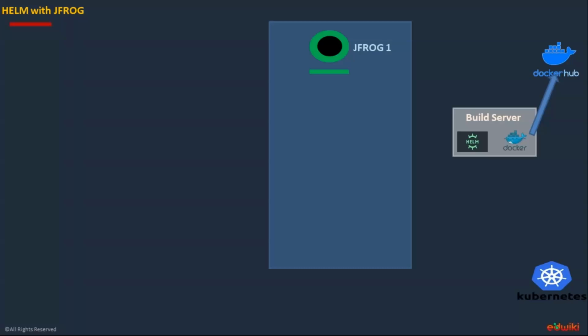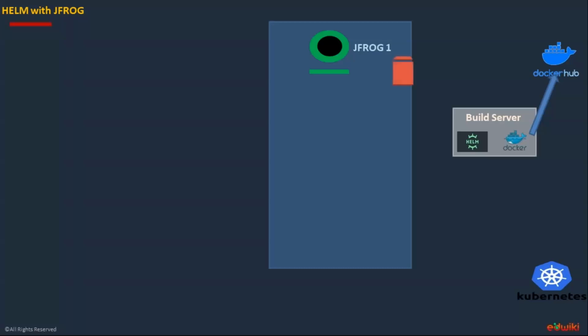You don't need a build server anymore. Why? The required Helm chart is already there in the JFrog. Whenever you need it, you go and download it from JFrog and run it. Agree with me? That's how I'm going to keep all of my Helm charts that I'm preparing in a JFrog server.